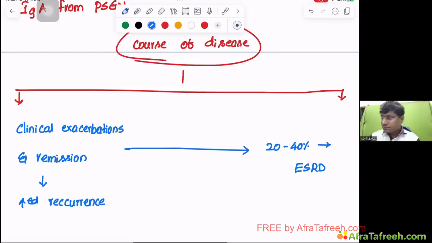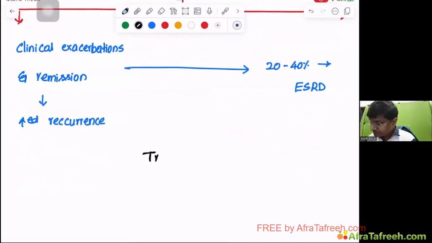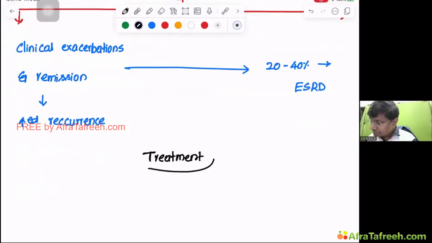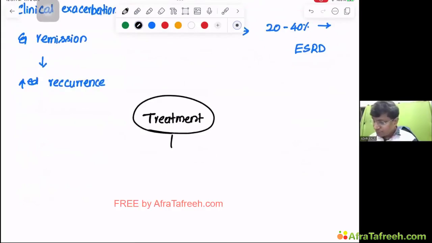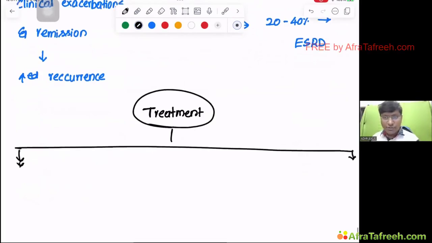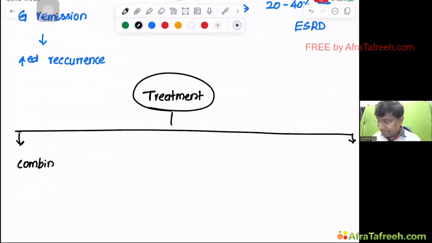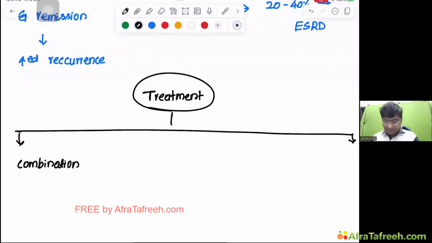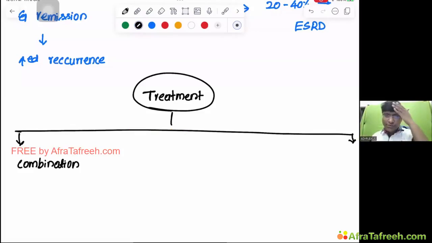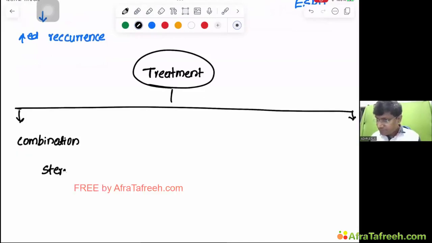Then, how do you treat these patients? The treatment in these patients is that you need to give a combination of steroids and cyclophosphamide.